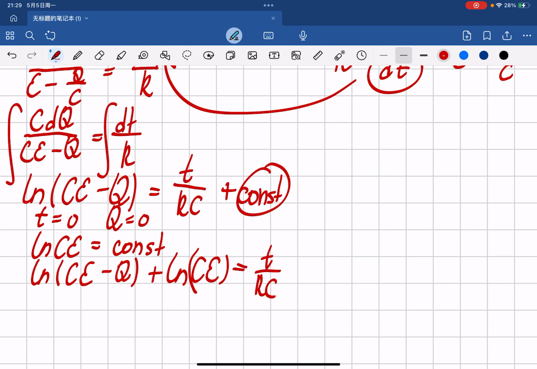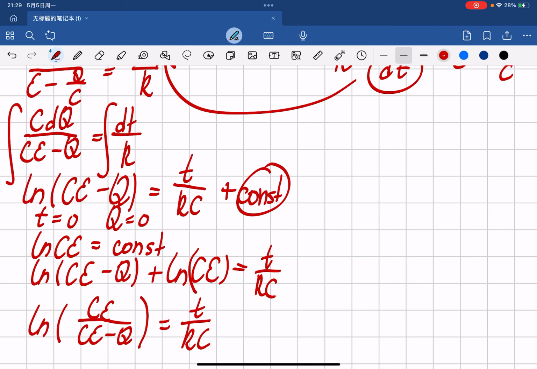Then we will use the logarithm rule from mathematics, and then it will be ln of CE over CE minus q equal to t over RC.